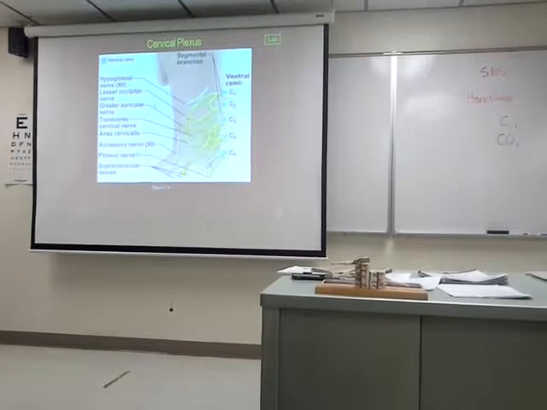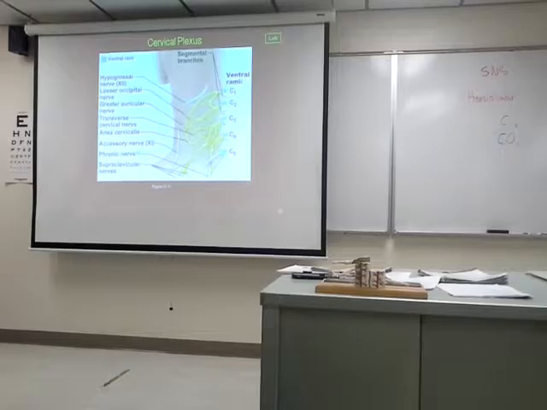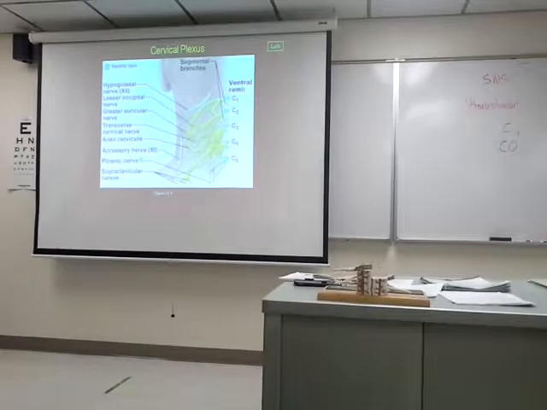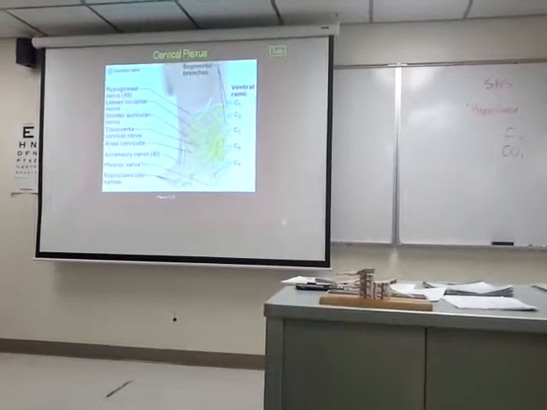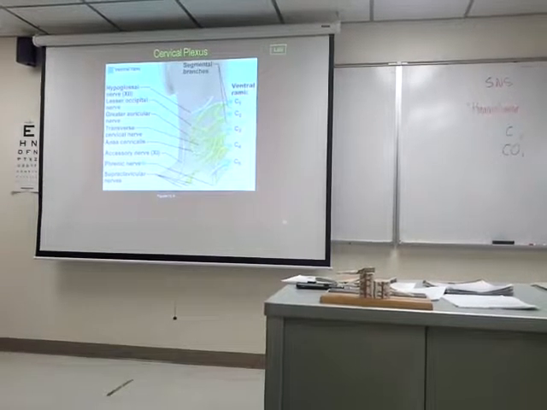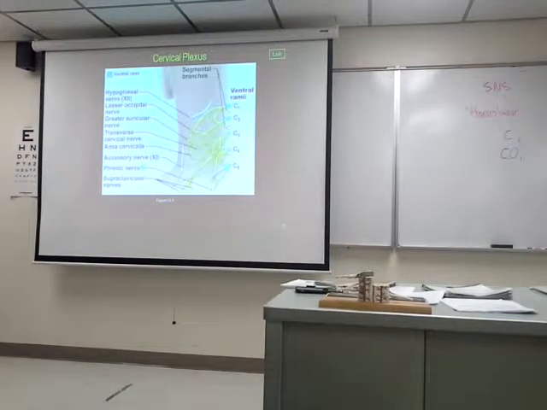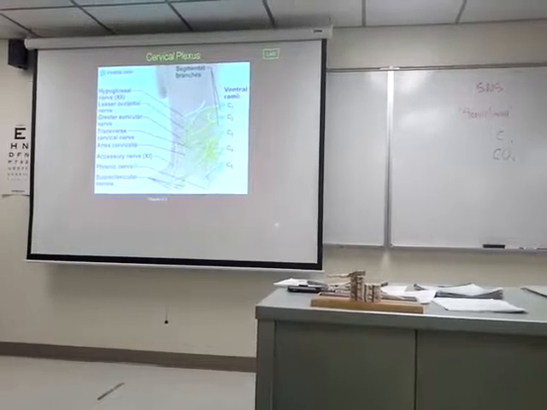And for the cervical plexus, that's C1 to C5. Ventral rami from spinal cord segments C1 through C5, all mixed together, as you can see here, and form a plexus, the cervical plexus. And from that plexus, there are many nerves that originate. The only one you need to know is phrenic.